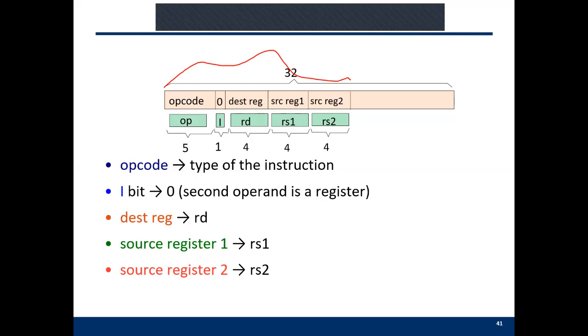The second operand can be called source register 2. The result can be called the destination register. And this bit indicates whether the second one is a register or an immediate number. And you can see that these bits can easily fit into the 27 bits.